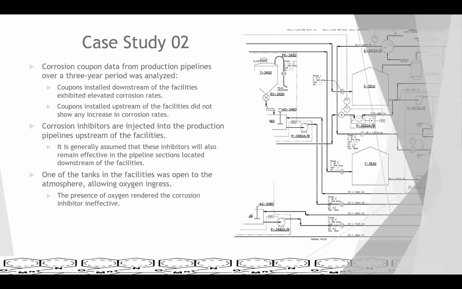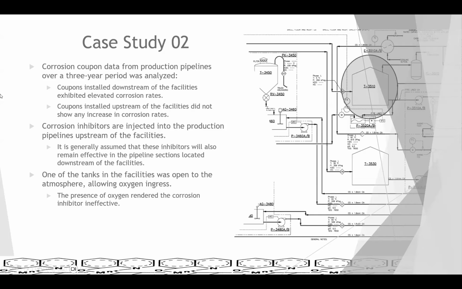So what we found was one of the tanks in the facility site was open for some reason, and they did not put the roof back. As a consequence, oxygen ingressed. The presence of oxygen in the facility rendered the inhibitor ineffective.